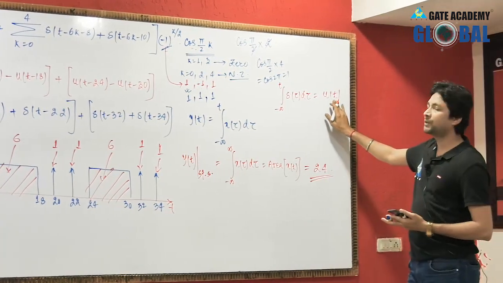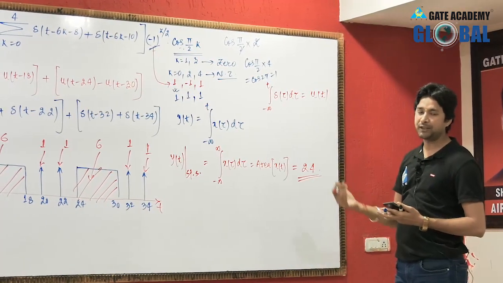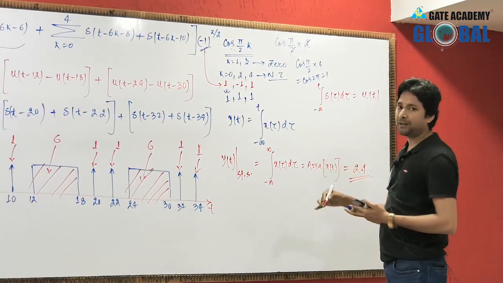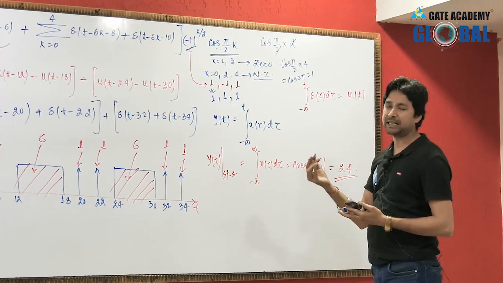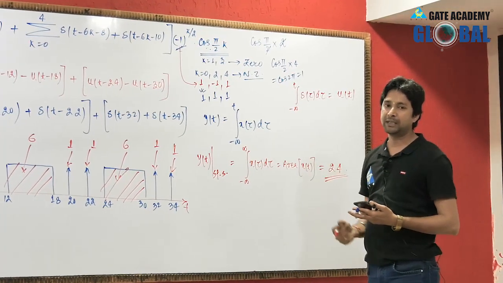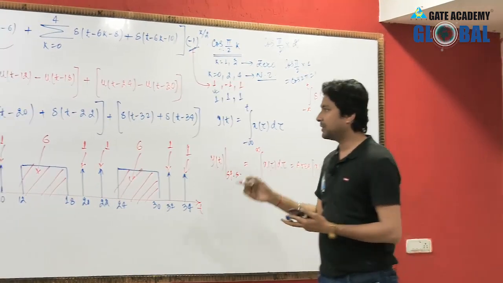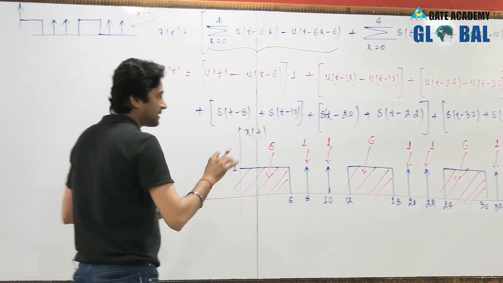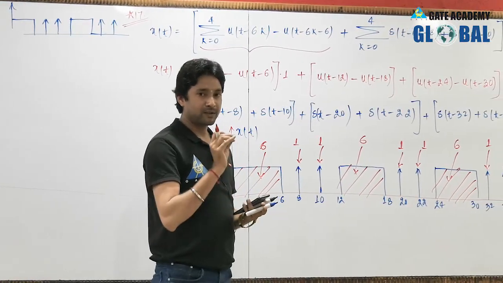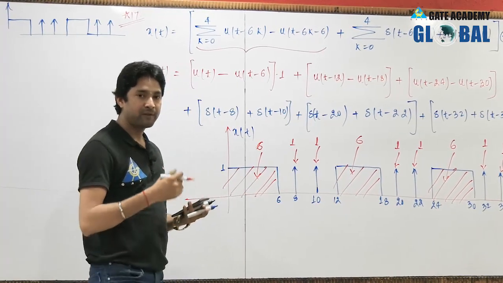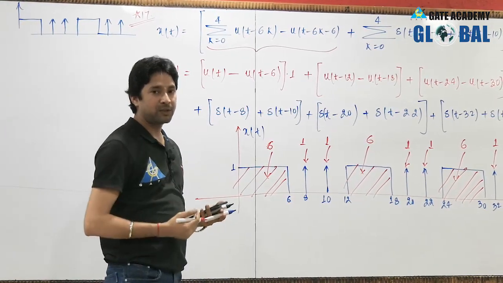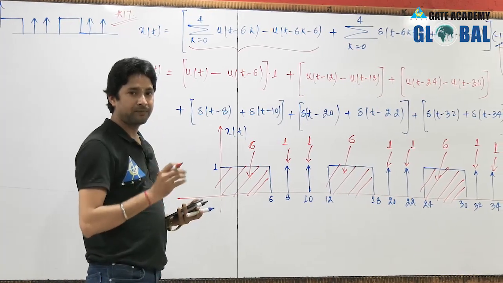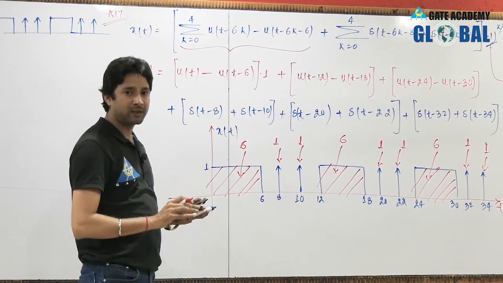If you replace t with t minus t naught, then the integration of delta of t minus 2 from minus infinity to t will give you u of t minus 2. So if you plot the integration directly of the signal, we are not concerned with the solution. We are trying so that when in 2024 you appear for the test, there must not be any point from where they can ask a question that you are not familiar with.